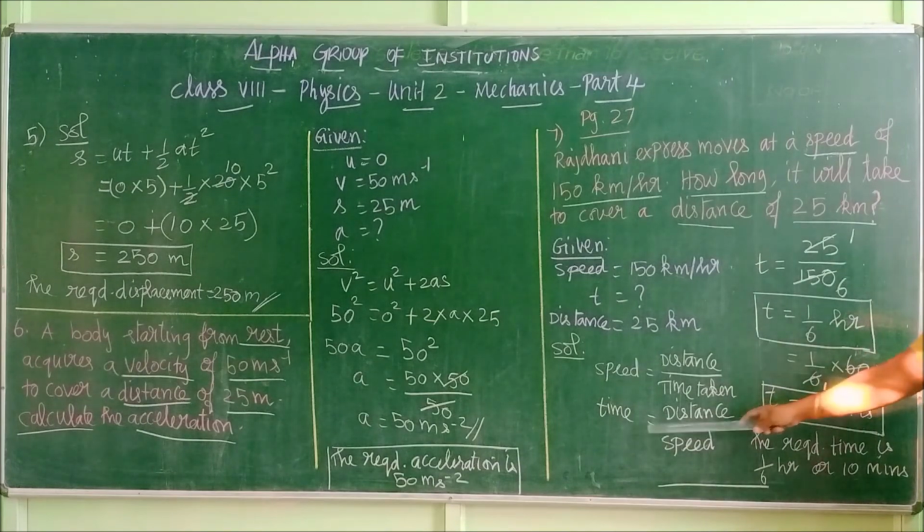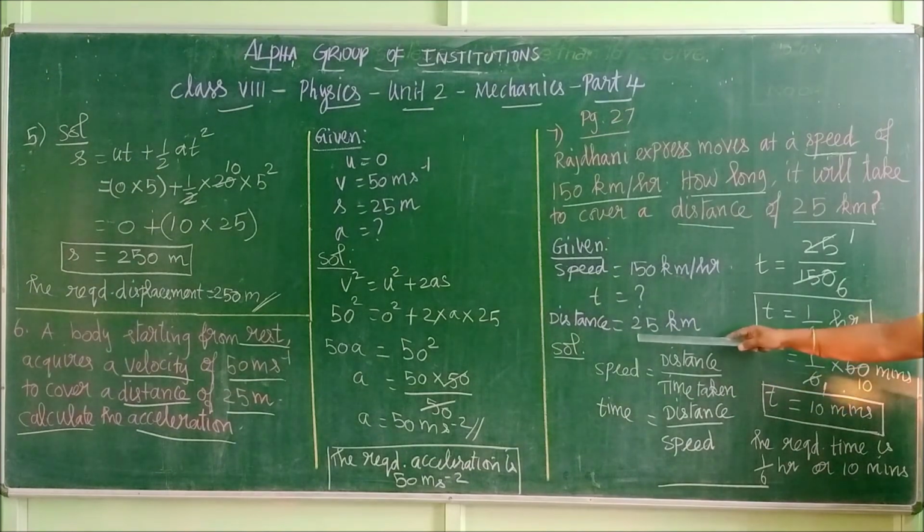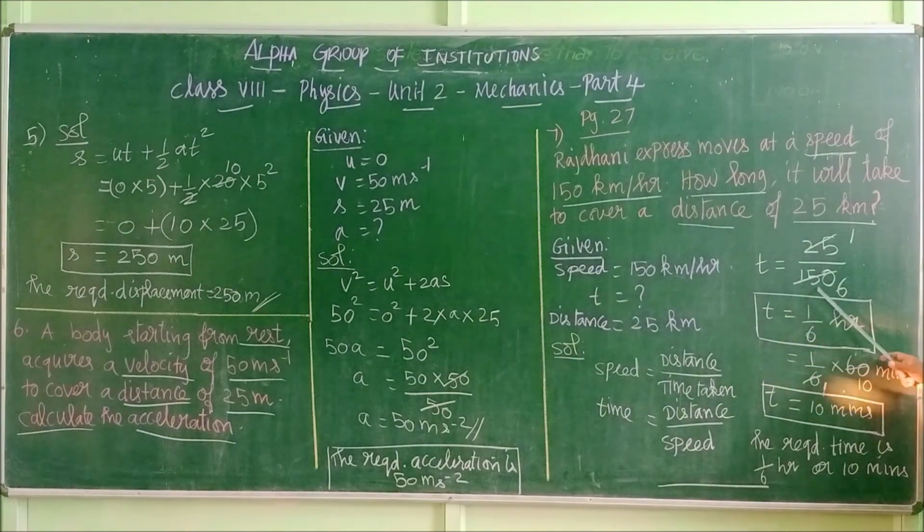Right, now here time symbol is t. What is distance? 25. I have written here. What is speed? It is 150. Am I right? Here speed is 150. So distance is 25 km and here speed is 150. Now 25 ones are 25 and 25 sixes are 150.